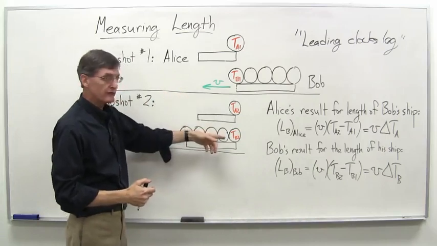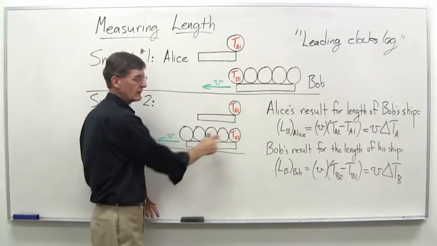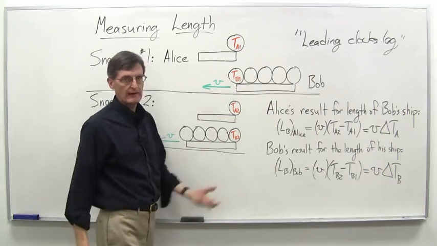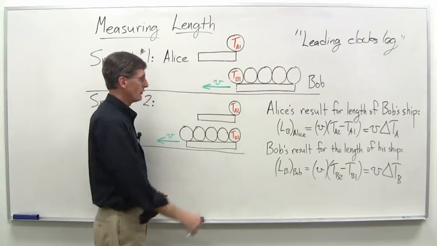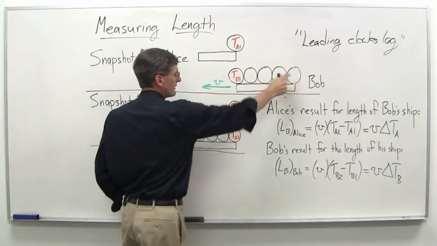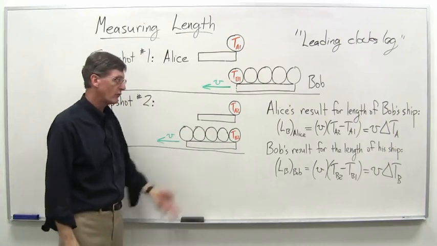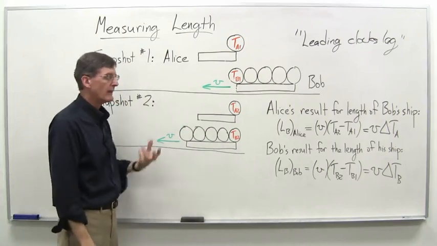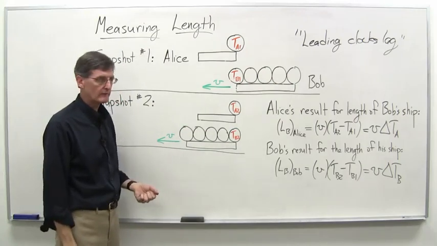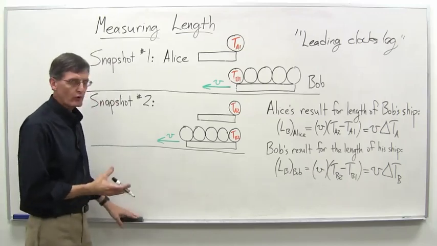And Alice is saying, I'm sorry to say, Bob, but your front clock here is not synchronized with your back clock. In fact, it lags by a certain amount. So that when this photograph is taken, this clock is actually further on in time at that point. And that's why you got the wrong answer. My answer is correct. So, what's going on here more quantitatively?